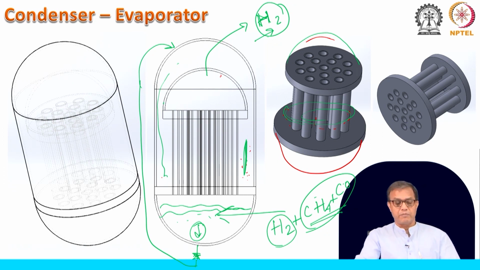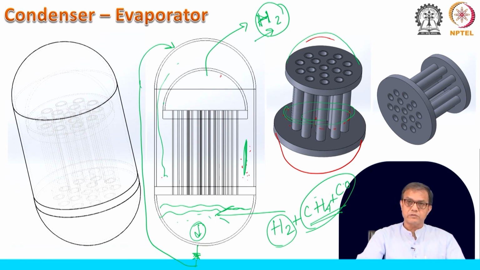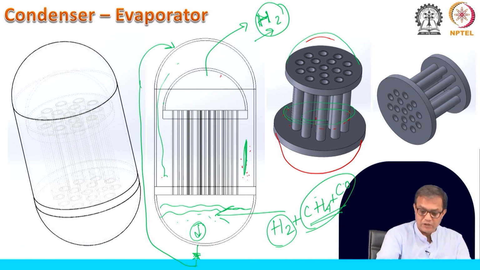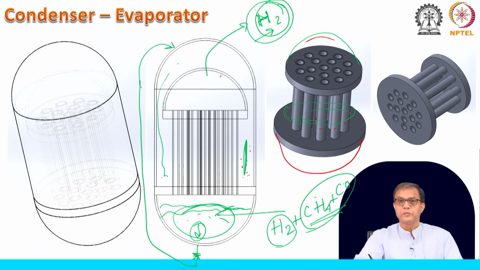In the Lindebrand process also we had that coke oven gas and we could have put it directly into it and cooled it with the liquid nitrogen, or we could have compressed this coke oven gas and directly put it into this condenser evaporator, and everything was getting condensed here except this hydrogen.